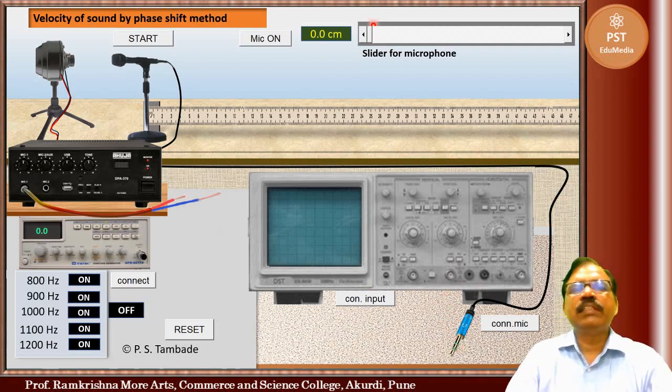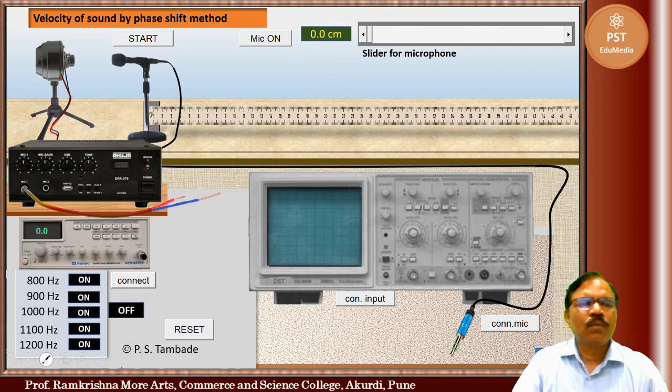Then using this slider, we can move the microphone horizontally on the surface, and you can measure the distance using this scale. Also you will get the calculated distance here. Here I have set 5 frequencies.